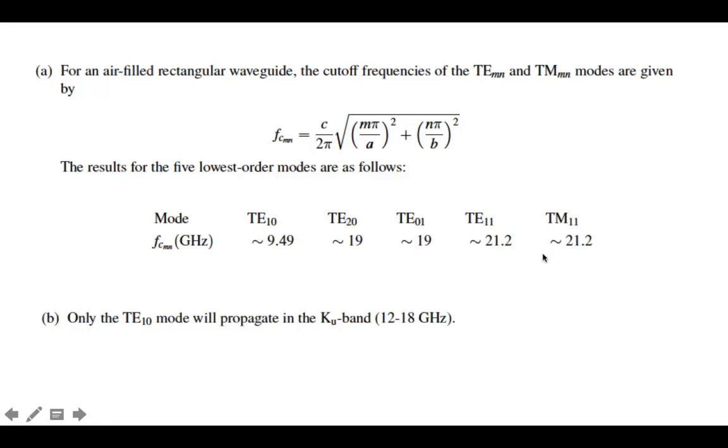So you can see what the mode distribution looks like for TE and TM. When you then look at which of these frequencies lies in the KN band, which is 12 to 18 gigahertz, you can see that only the TE10 mode lies below the band. So it would be the only one here that would actually propagate.